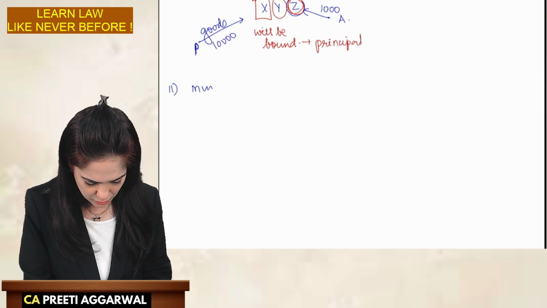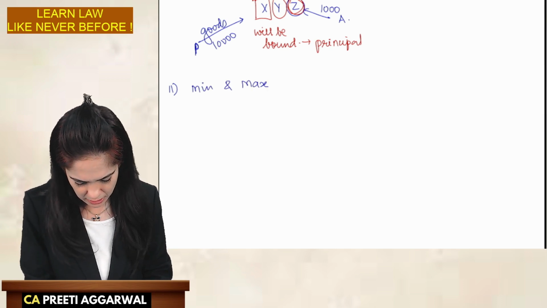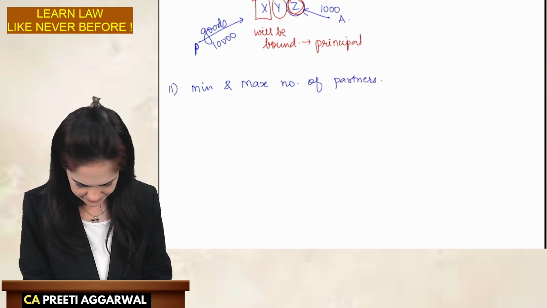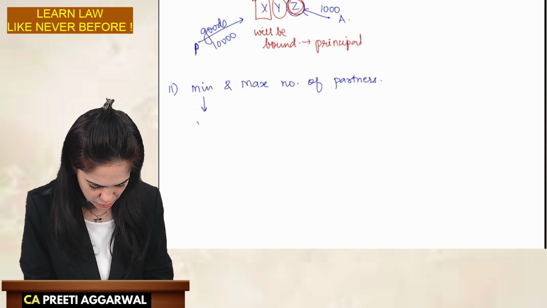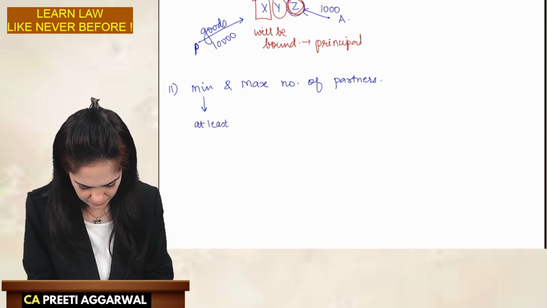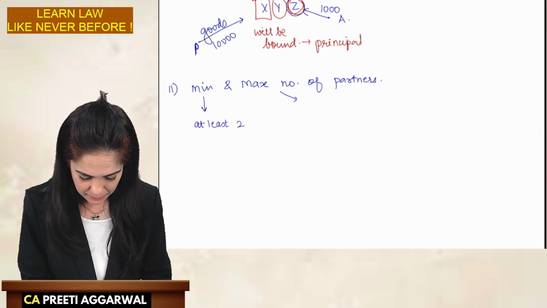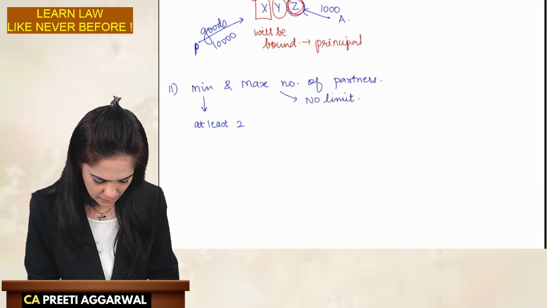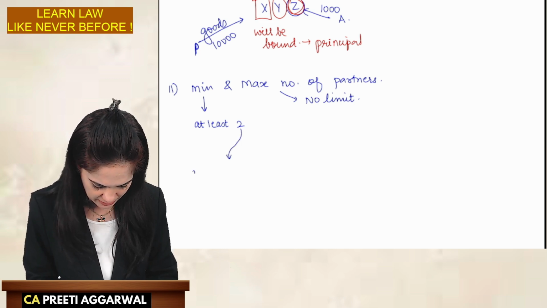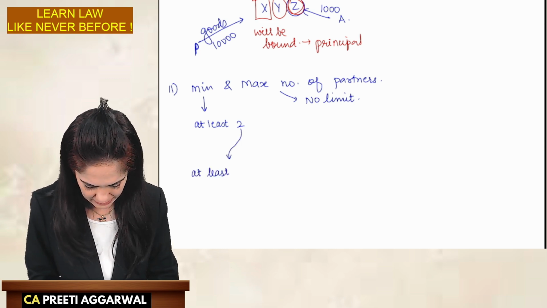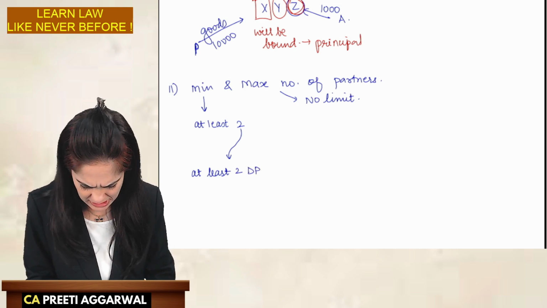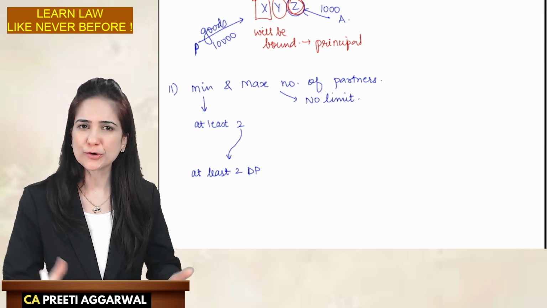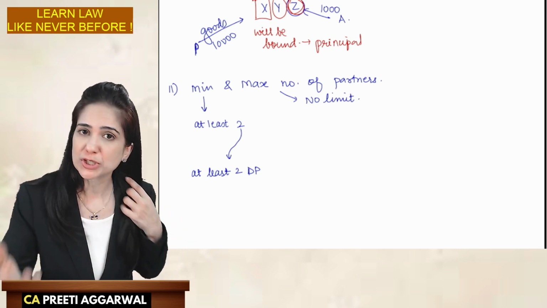Let us discuss about minimum and maximum number of partners. How many minimum partners required? So we need at least 2. Maximum, there is no limit. Now, from these only, we will require at least 2 designated partners. These generally look after the legal compliances, filing of returns, documents, communication with the ROC.